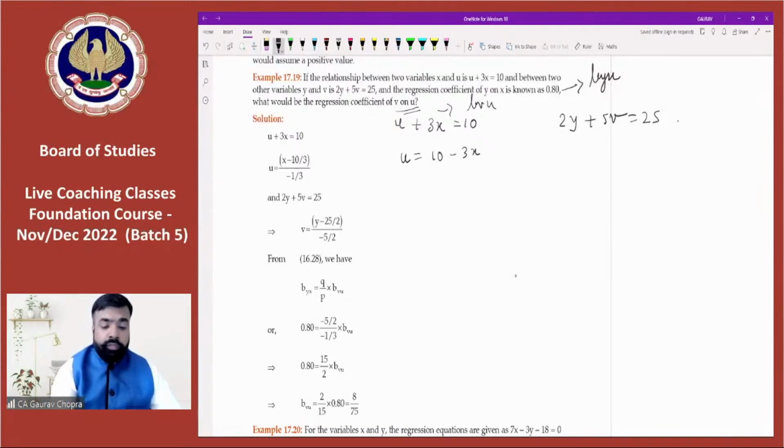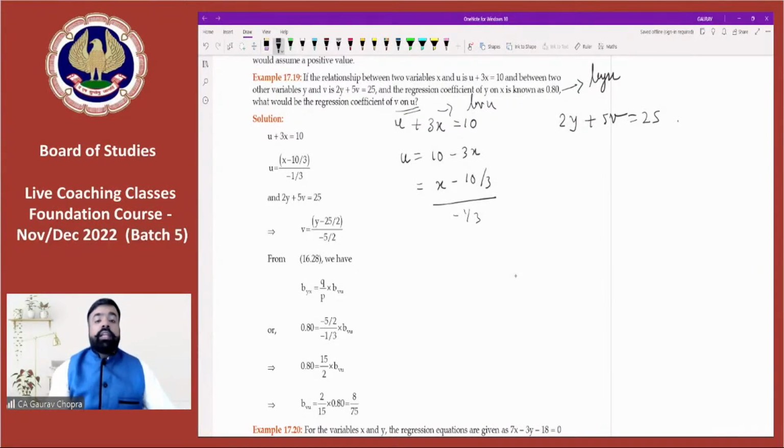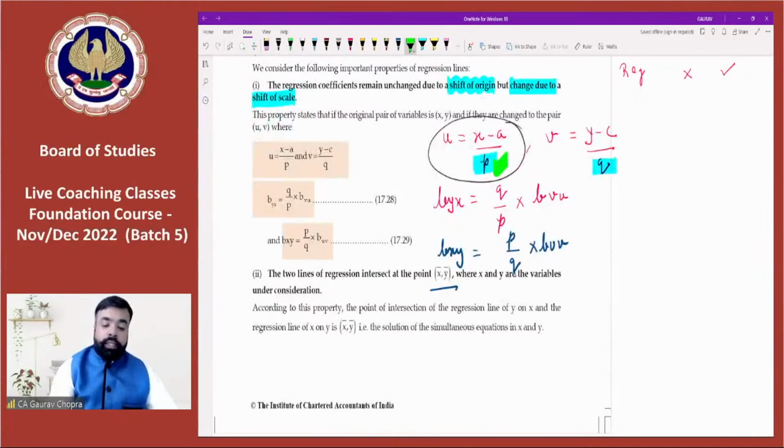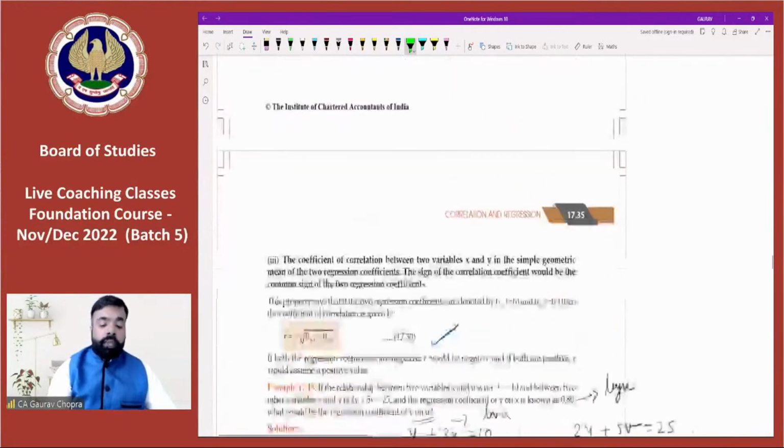So we can write x minus 10 by 3, and in the denominator we can write 1 by 3. Simply, we have divided by 3 and this is equal to q. So now this minus 1 by 3 is the value of p.